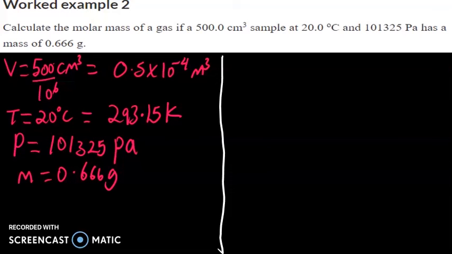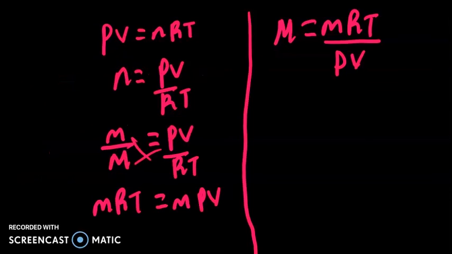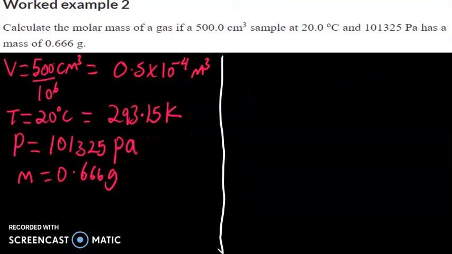So in this case, we're asked for the molar mass. So instead of using the original equation, we can use the one we derived here, which is molar mass equals mass times RT divided by PV.